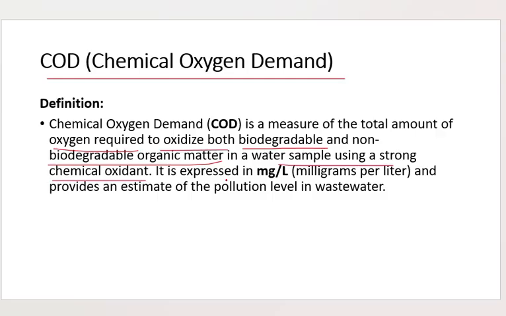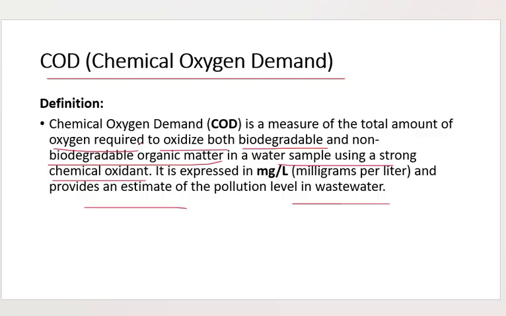It is expressed same as BOD, mg per liter, and provides an estimate of pollution level in wastewater. In BOD we measure only biodegradable organic matter, but in COD we can measure all kinds of organic and inorganic pollutants.